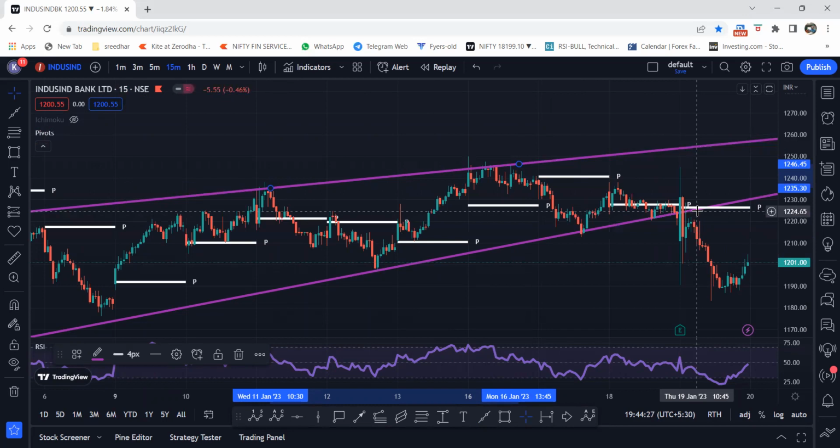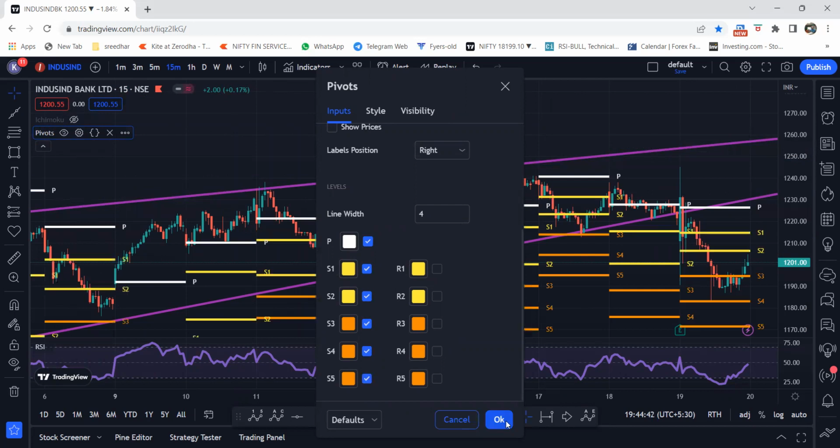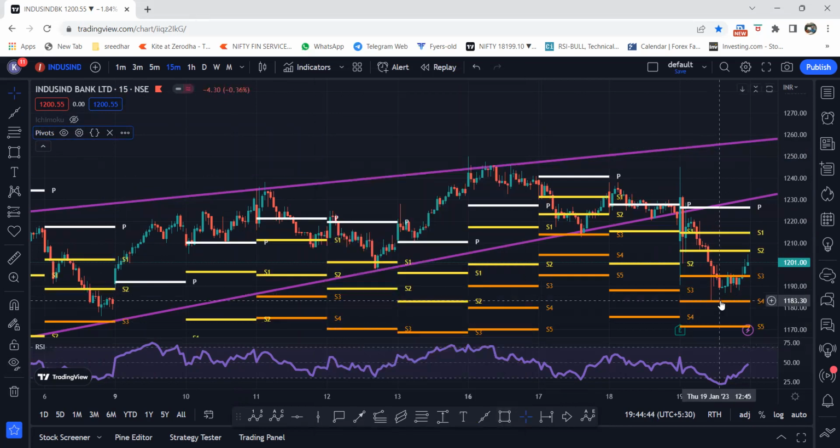If the stock trades below 1224, then it is short. What are the targets for this? The trend line is the first stop loss, and S1, S2, S3, S4, S5 are the target levels. Here it stopped at S3 and took a turn, so you can book the profits at this point of time.